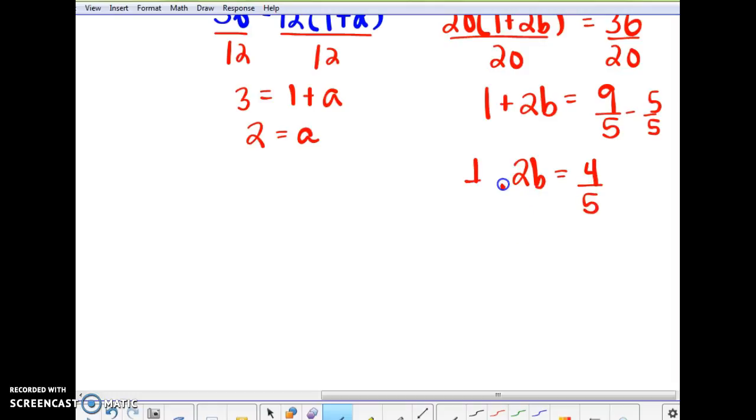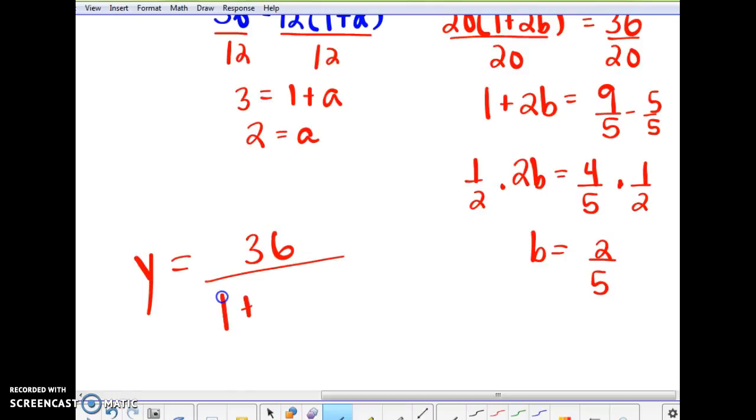I'm going to multiply each side by 1/2, or divide by 2, either way. I'm going to get b equals 2/5. So when we write this equation, y equals 36 over 1 plus 2 times 2/5 to the x. That is your logistic equation for the first one.